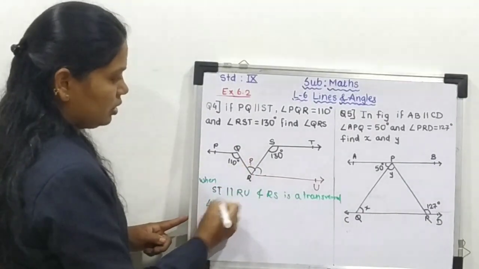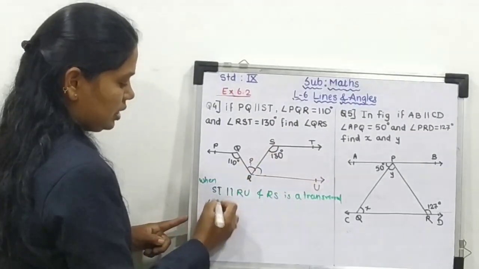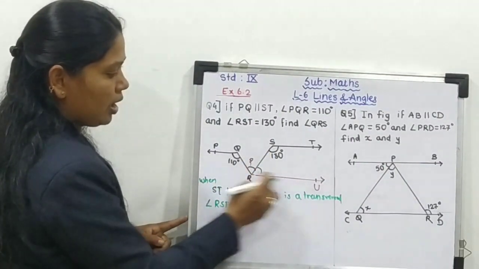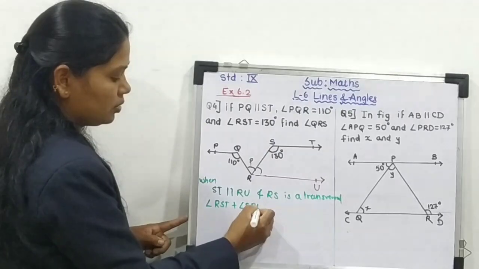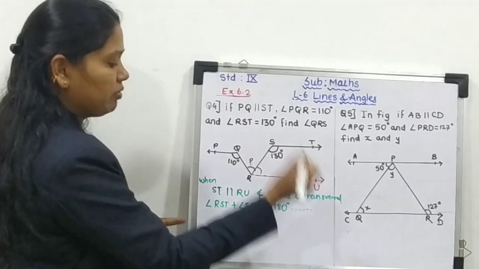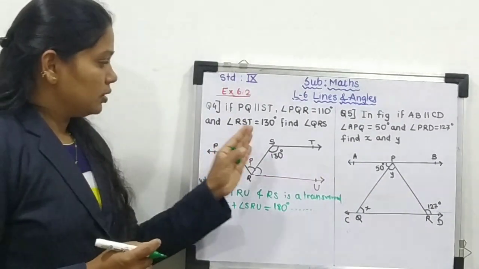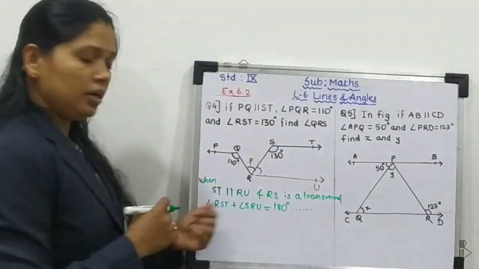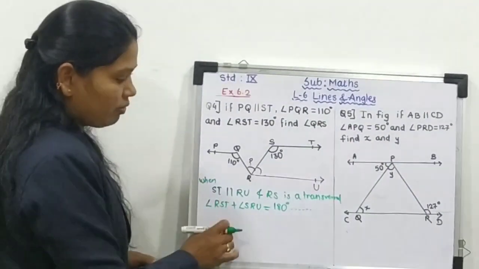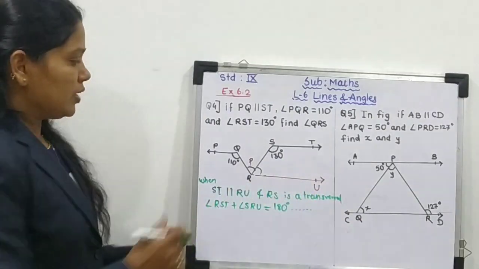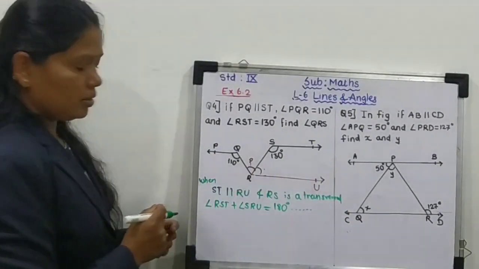Then angle RST plus angle SRU is equal to 180 degrees, and we will write the reason: interior angles on the same side of the transversal, right? Likewise, put the values and find out angle SRU. Once you have got this angle, right?